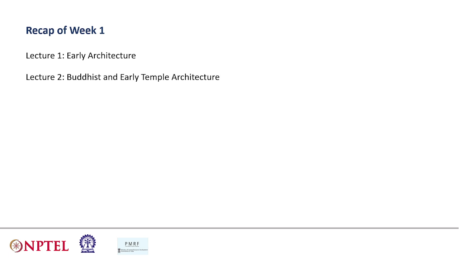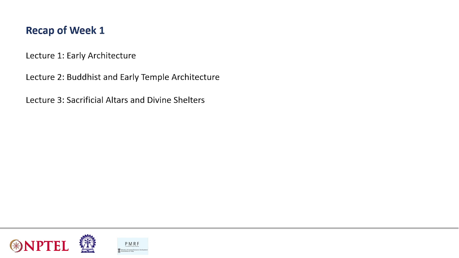Lecture two was about Buddhist and early temple architecture, where several dynasties started, particularly the Mauryan dynasty and Ashoka, then the very initial cave architecture, and slowly the lecture moved towards early temple architecture.